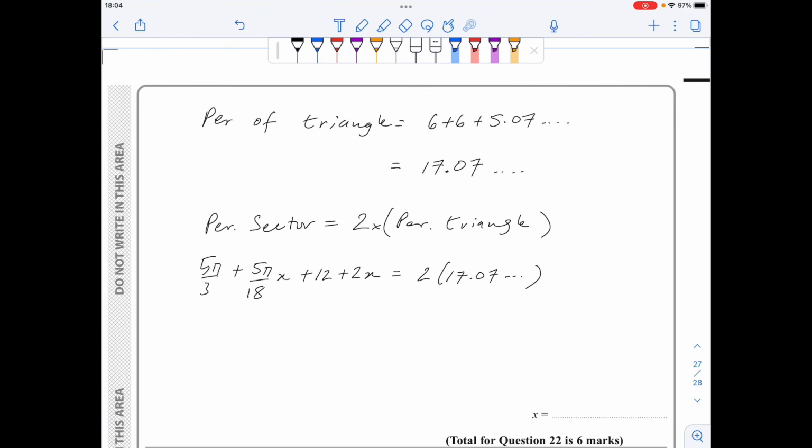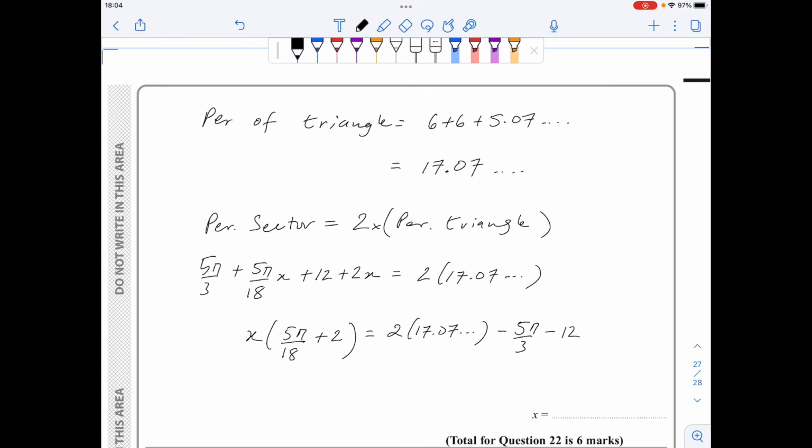So here, if I take out x as a common factor from these two expressions and then take these two numbers to the right hand side, I will get the following: x times 5 pi over 18 plus 2. This is equal to 2 times 17.07 minus 5 pi over 3 minus 12.